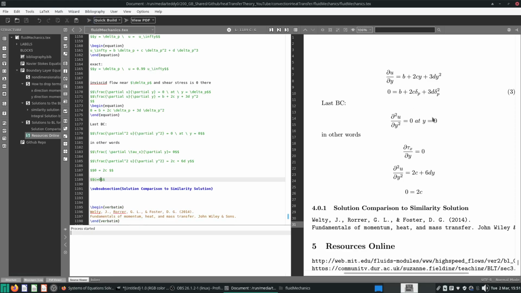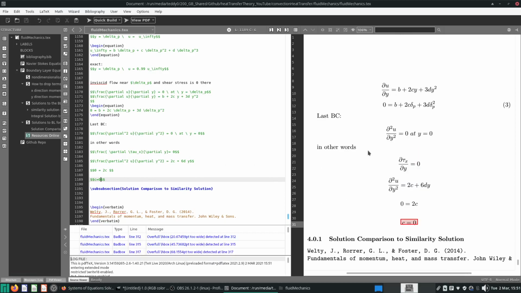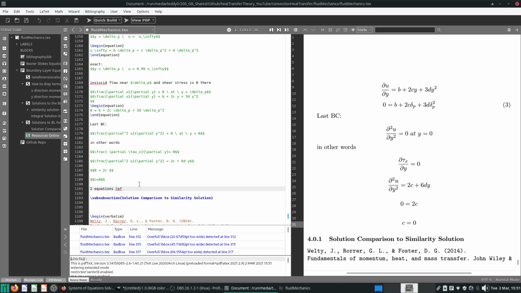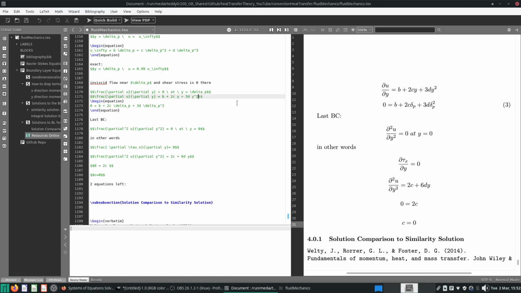And what other equation do we have? We have this equation here. So two equations left, which is this one. Where's that delta p equation?